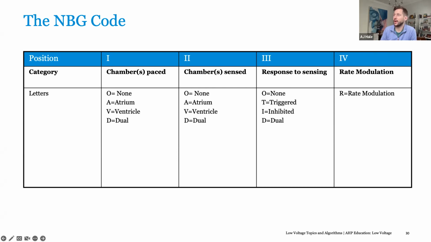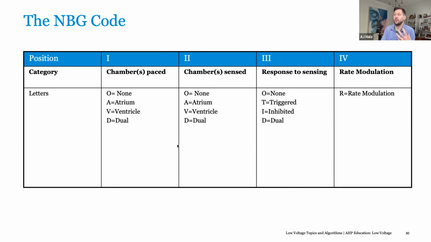The limiting factors for what code you select is the hardware itself. Is this a single chamber device? Also, are there issues with existing leads? We can program a dual chamber device to act like a single chamber device. We cannot program a single chamber device to act like a dual. I know that makes sense, but I felt like I should cover it.